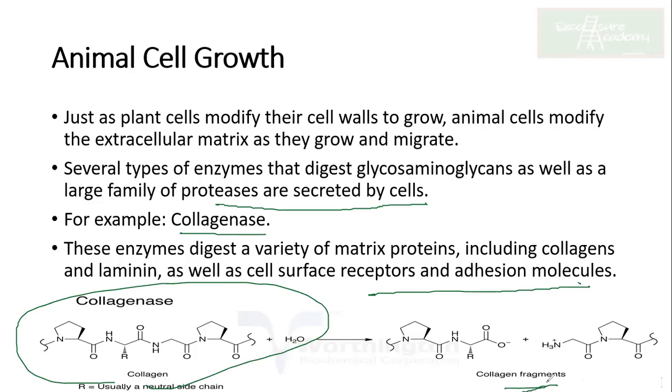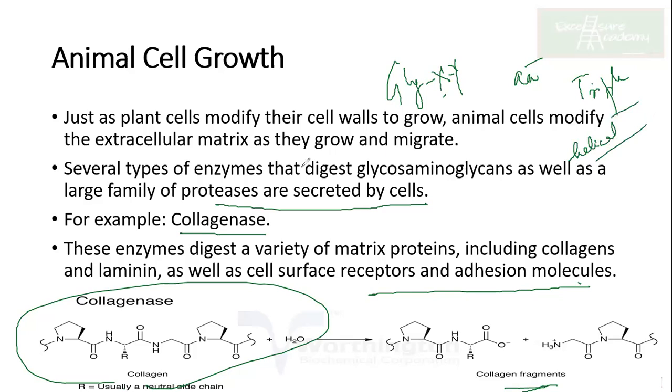Okay, now if you remember, these collagens are nothing but amino acids, right? If you remember the sequence also, glycine-X-Y, where X is many of the times proline and Y is hydroxyproline. Remember, and it is a triple helical structure, right?